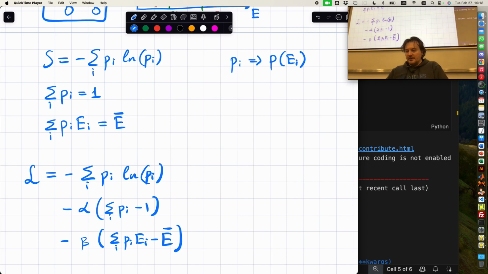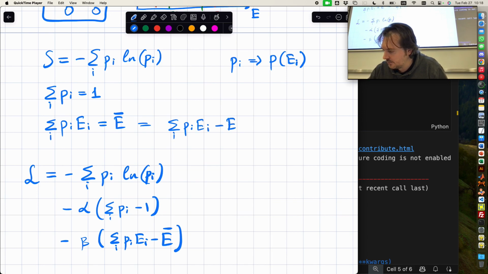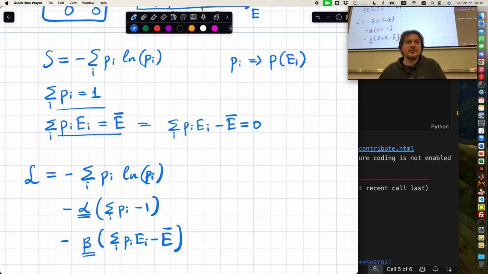So I just put this constraint in this form, the sum of Pi Ei minus E average should be 0. Amna, is it okay? You look scared. Well, maybe the confusing thing here is that we have two Lagrange multipliers now. Not just one Lagrange multiplier for one constraint, but two Lagrange multipliers for two constraints. Okay?